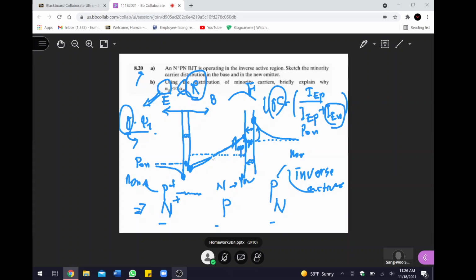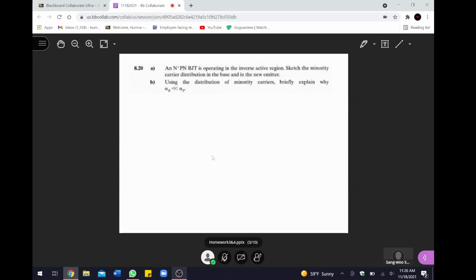So based on this concept, when you compare, alpha R represents the device operating in the inverse active mode. Alpha F represents the same way, the forward active mode.